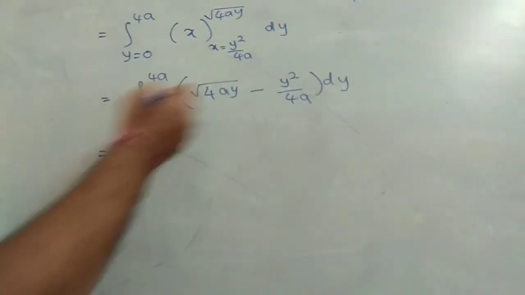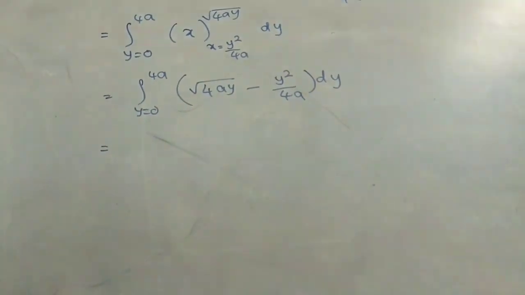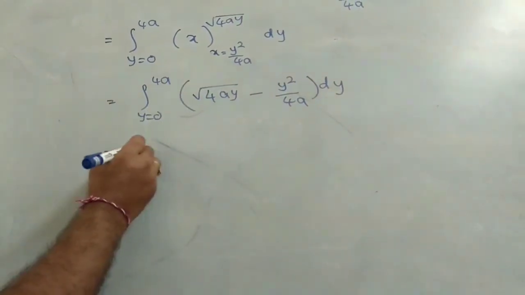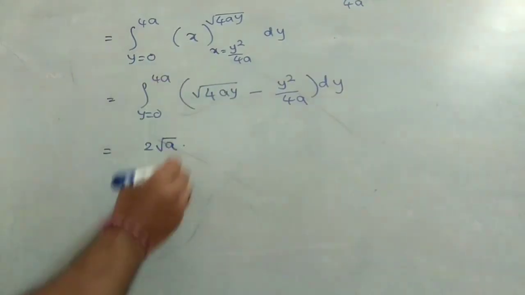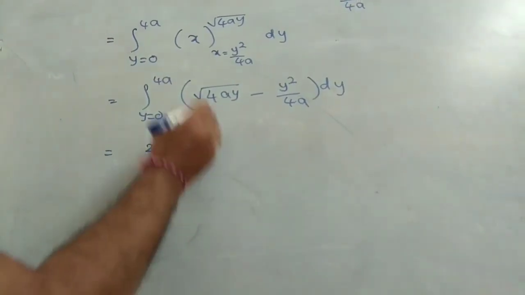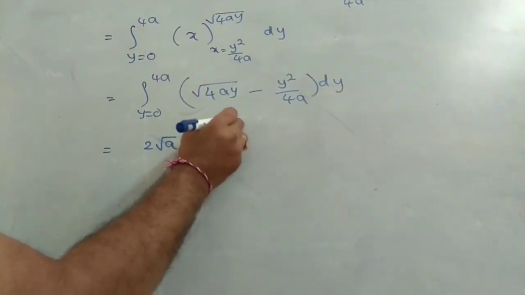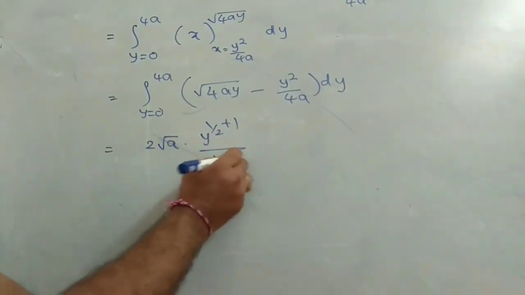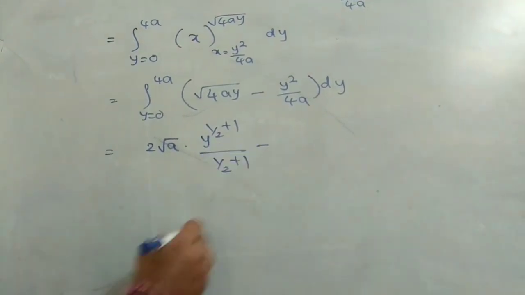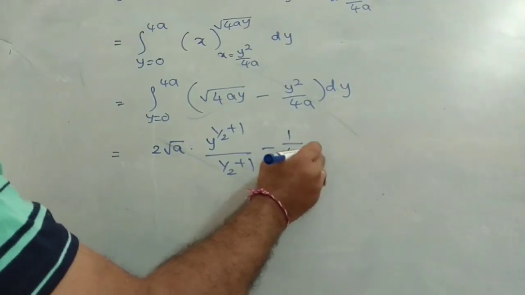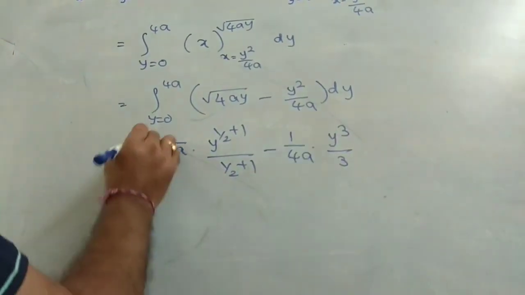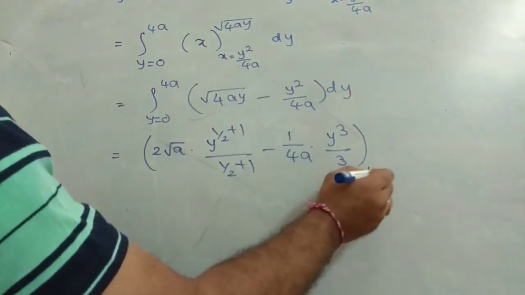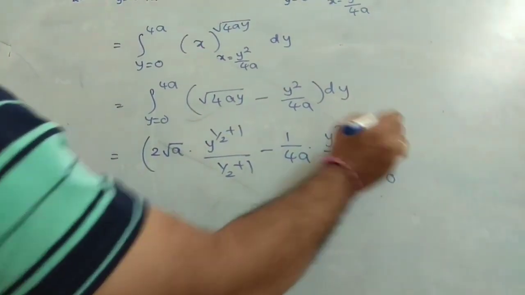Now you are integrating with respect to y. Root 4a is nothing but 2 root a, I can write. Root y integration: y to the power of 1 by 2, so 1 by 2 plus 1 divided by 1 by 2 plus 1, minus 1 divided by 4a, constant. The integration of y square is y cube by 3, and you are substituting the limits 0 to 4a.